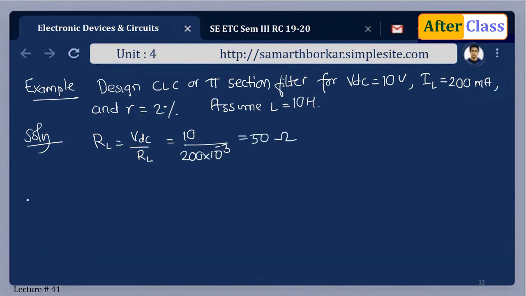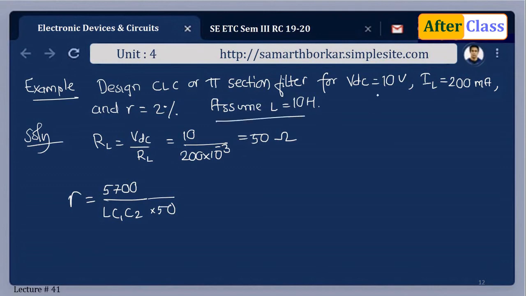Fine. Now ripple factor R equals 5700 divided by L C1 C2 into 50. If I assume L equals 10 Henry, it has to be greater than actually 1 Henry, so to be on a safer side, let us take L equals 10 Henry.